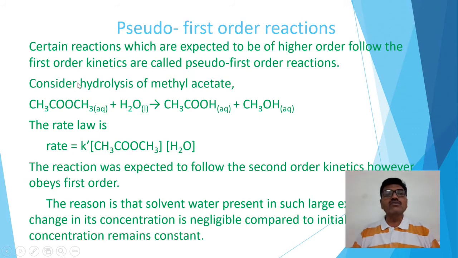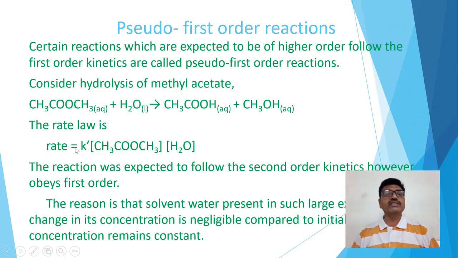Let us consider the hydrolysis reaction of methyl acetate. So methyl acetate undergoes a hydrolysis reaction. In this case there are two reactants, the methyl acetate and water. So this reaction should follow second order kinetics.